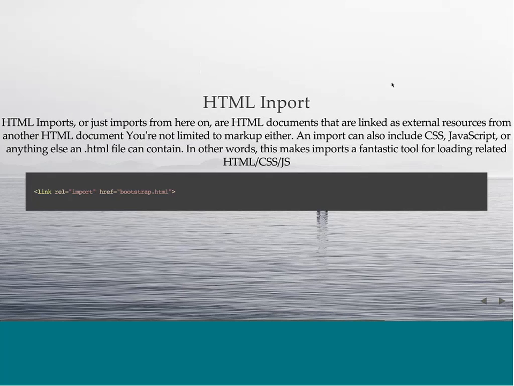When you look at Bootstrap, we import all the CSS in one file, we import all the JavaScript in another file, and if we have any HTML, we'll have to import that a third way, or actually embed it into our page first, then use it throughout the rest of the application. With the HTML import, we can add all that together into one document and import that all at one time.